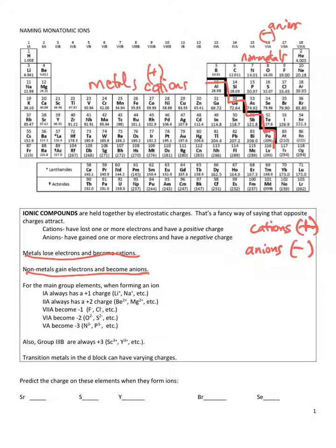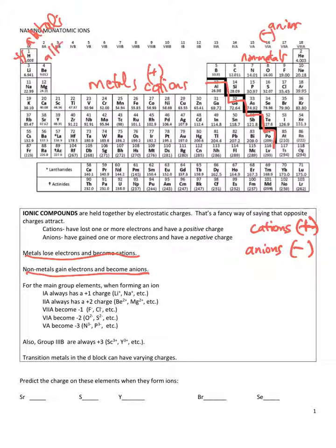So there are some things to remember when we're looking at the main group elements. The main group are the ones on this periodic table that have an A as part of their group name, the Roman numeral plus an A. The 1A, the alkali metals, are always plus 1.